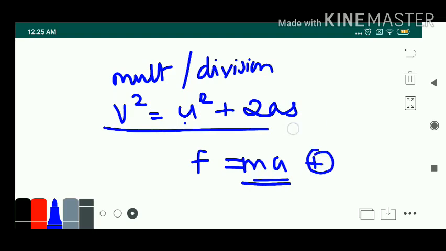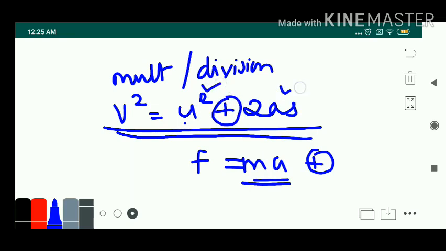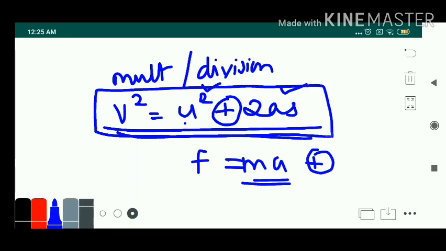But in this equation, there is a plus term, you are adding two terms. So this type of equation can never be derived using dimensional analysis. Only product functions or division functions can be derived using dimensional analysis. Okay, I hope you understood this class.